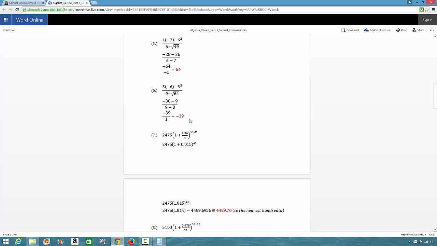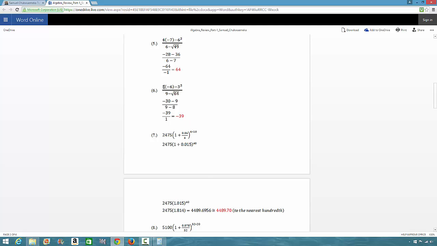I try as much as possible to write all the steps down. Some of you are way ahead, so you must not necessarily write all these steps when you're doing it. But I don't want you to do magic. I want you to show your work.